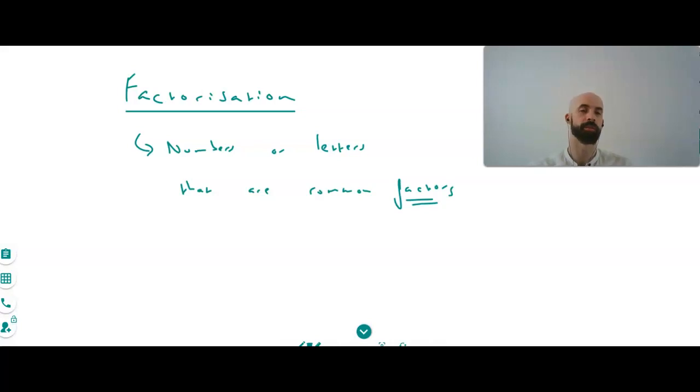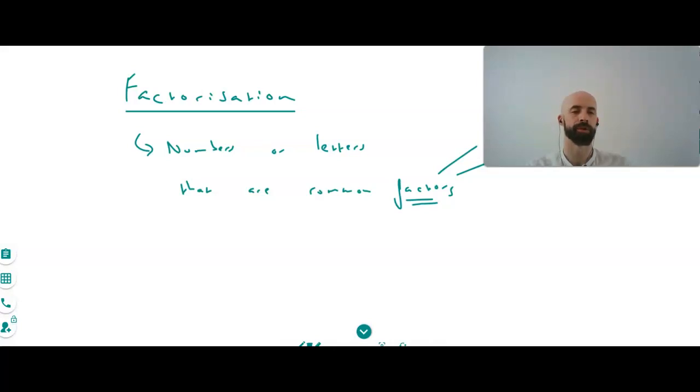A factor is something that will go into another number. So for example, common factors of, let's say, 70 and let's go with 63. The common factor there between those two numbers would be 7. We have a common factor of 7. So factorization relies on common factors.